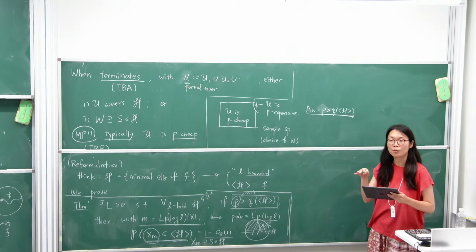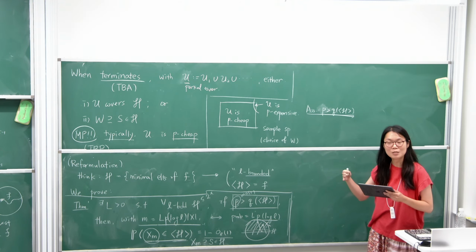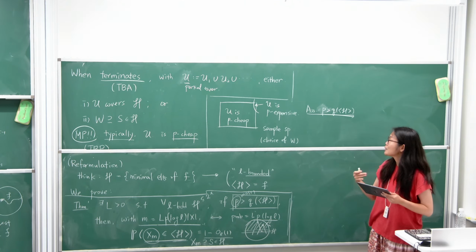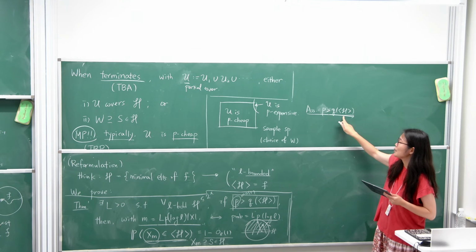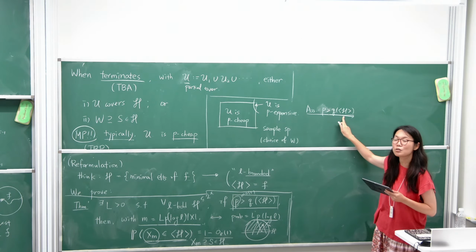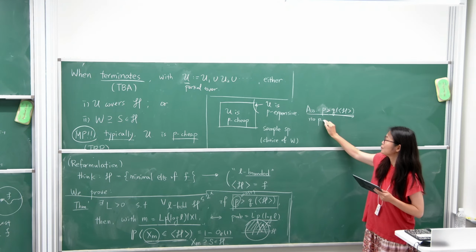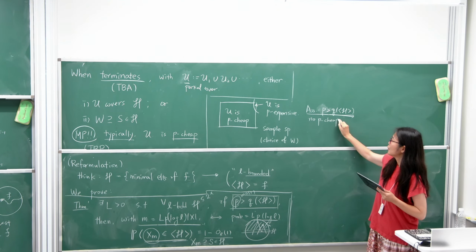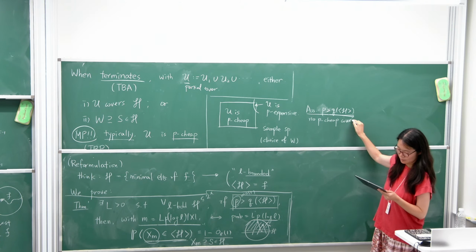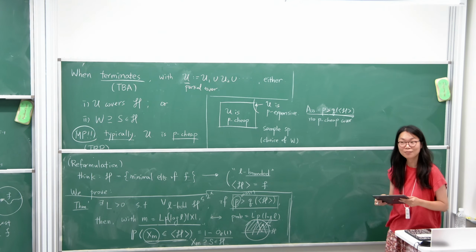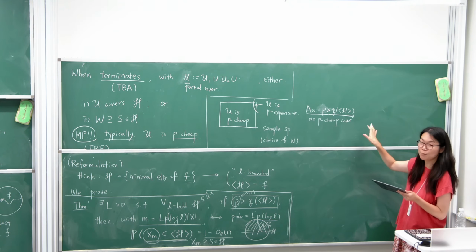How do we get the lower bound? Once we have a P-cheap cover, the corresponding value of P gives us a lower bound. So P larger than the expectation threshold means there is no P-cheap cover. This is from the definition of the expectation threshold.